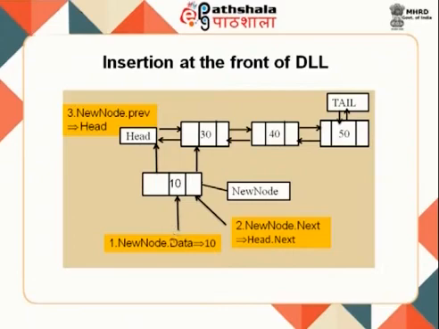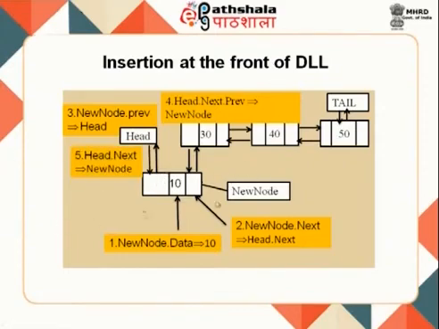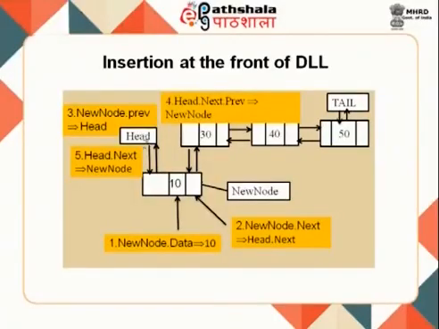Now, the previous of that first node has to point to the new node. So, what is that node? Head dot next, so head dot next dot previous will point to new node. And then head dot next has to point to the new node. So, these two earlier links have been removed and replaced by these.